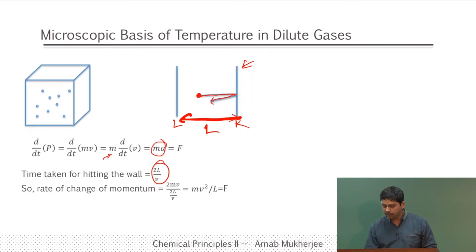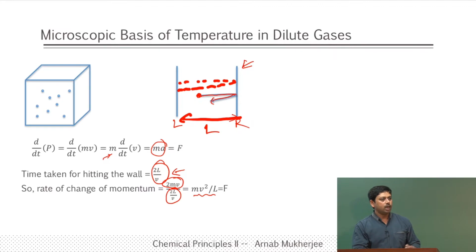A particle starting from here has to go a distance L, come back L, and only then does it reverse its momentum. So to change the momentum it travels 2L, and the time is distance by velocity, that is 2L by v. Therefore, the rate of change of momentum will be 2mv divided by 2L by v, which comes out to be mv square by L.